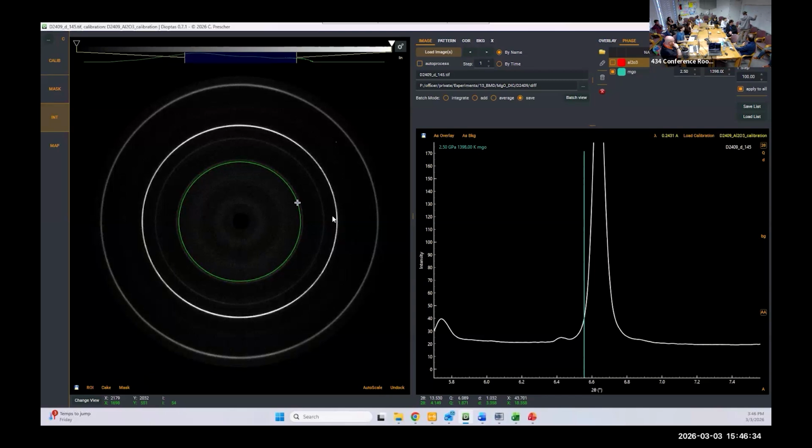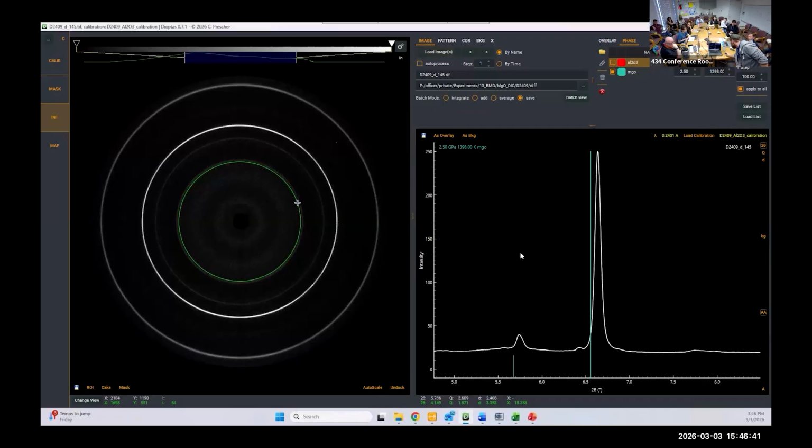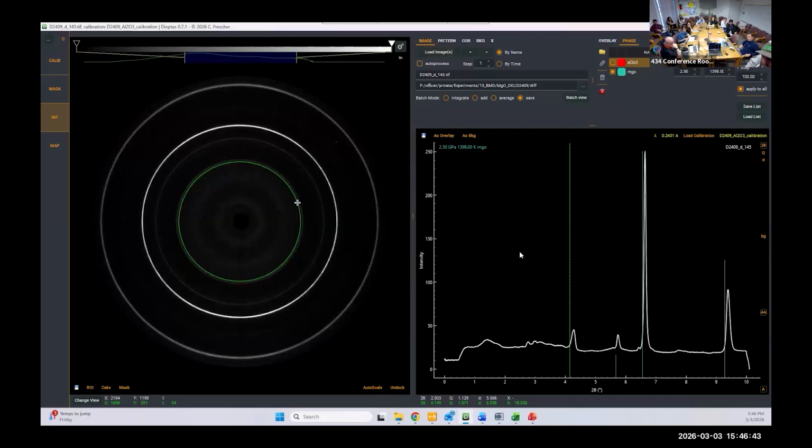The way we do that is, if you look at this 1D pattern, it's just integrating around the ring and using that as a 1D thing.